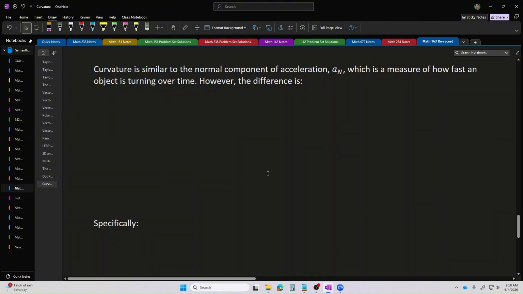So both the curvature and the normal component of acceleration are concerned with this idea of bending or turning. So what is the difference between these two quantities? Well, the normal component of acceleration is affected by the object's speed of movement.